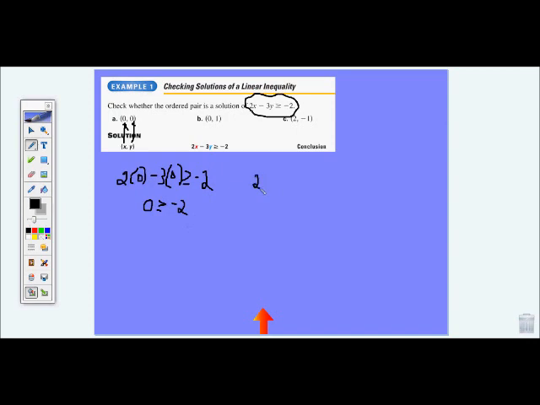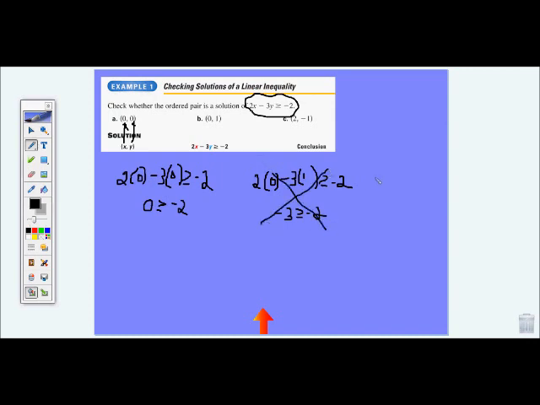Let's go ahead and solve the next ones. My x in letter B is 0. So 2 times 0 minus 3 and my y this time is 1. Is that greater than or equal to negative 2? 0 minus 3 would be negative 3. And is that greater than or equal to negative 2? That is not. So that one is not a true statement.